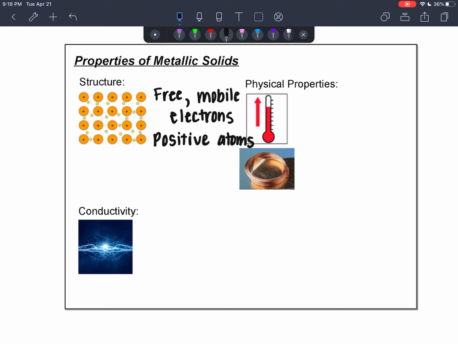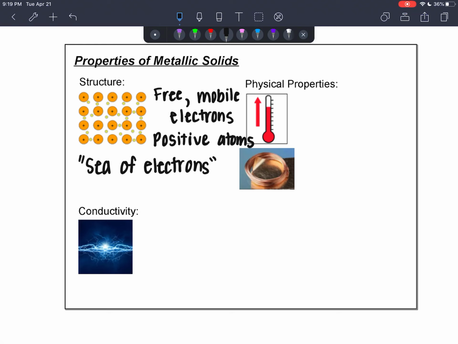Because we've got these positive atoms and these mobile negative electrons, we typically describe the structure of metallic bonding as a sea of electrons. And that sea is just really a very good visual description of the movement of those electrons.